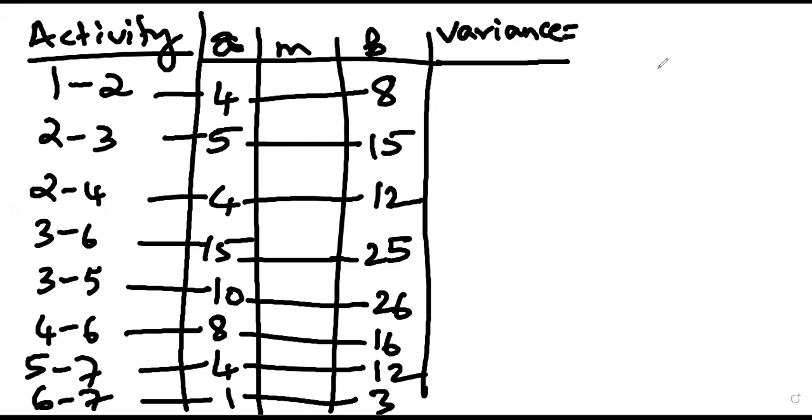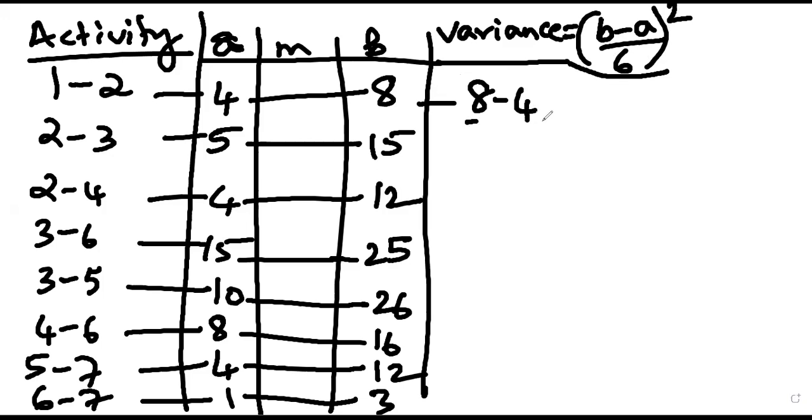It is nothing but (B minus A) divided by 6, whole square. So likewise, we have to start calculating the variance. Did we calculate the variance of each and every activity? No, sir. Okay, so first calculate the first variance: (8 minus 4) divided by 6, whole square. Find out the answer.